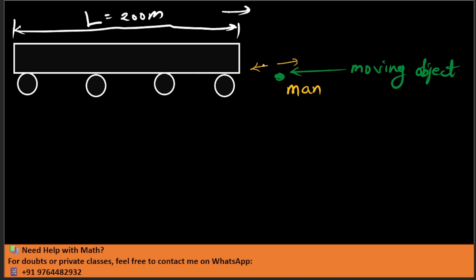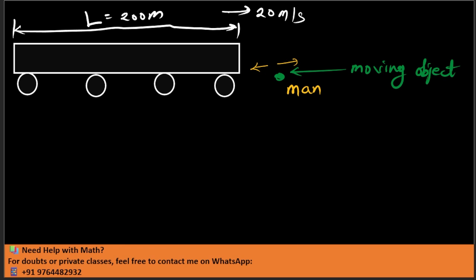And when the man is moving to this side, it is opposite to the train. So let's say that the speed of the train is 20 meter per second.